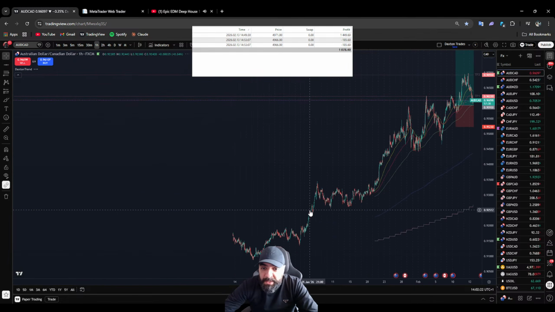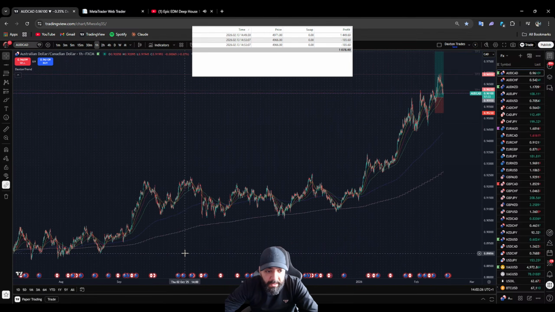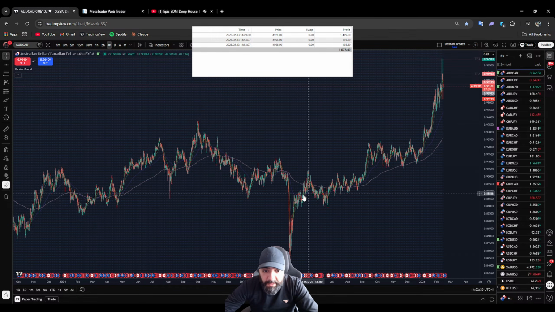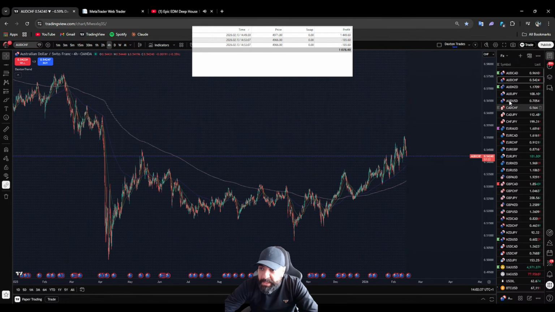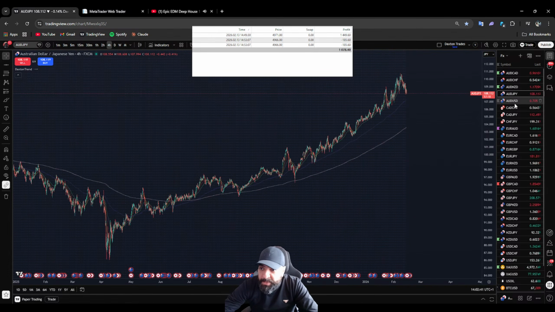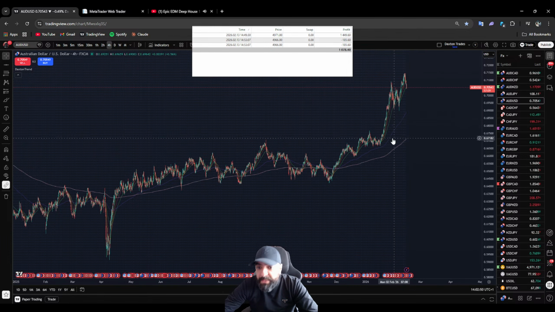If you can see here, AUD is going parabolic, I think, since April, for almost all the pairs. You see AUD NZD, AUD JPY, AUD USD. So AUD is stronger than USD, JPY, NZD, CHF, and CAD. So AUD is mostly always a buy.